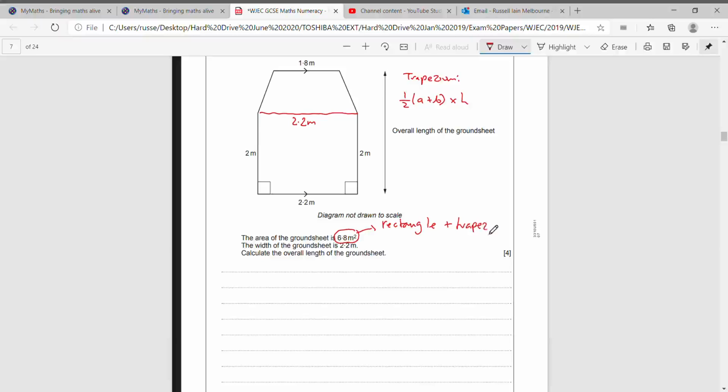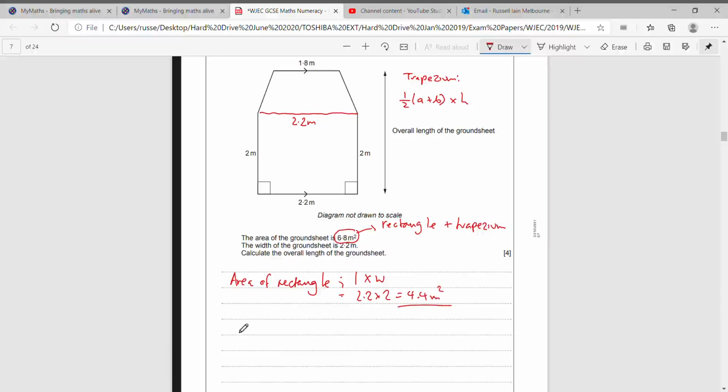So the first thing that I'm going to do, and I can find out, is the area of the rectangle, which you know is length times width, which gives me 2.2 times 2, so I've got 4.4 meters squared.